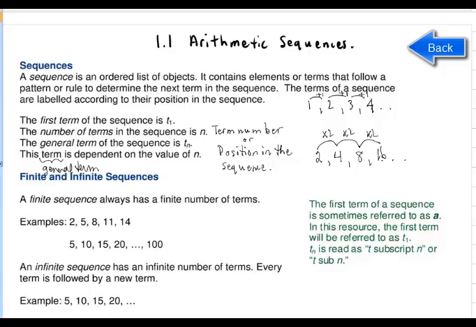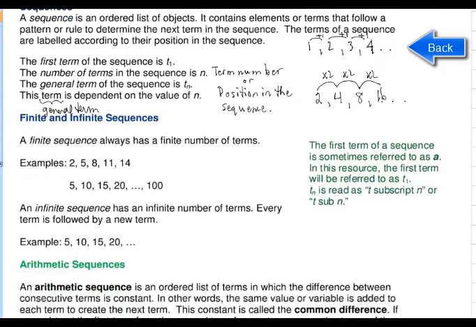So there are two kinds of sequences. You can have a finite or an infinite sequence. A finite sequence always has a finite number of terms. So for example, if we take a look at this first sequence, we've got 2, 5, 8, 11, and 14. You can see that you have 5 terms.